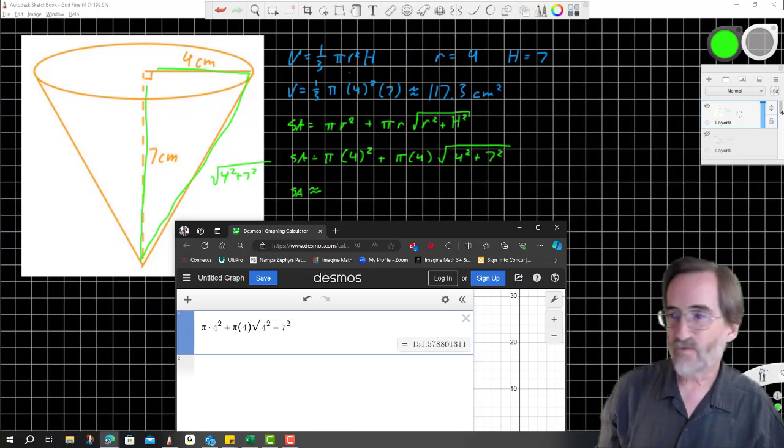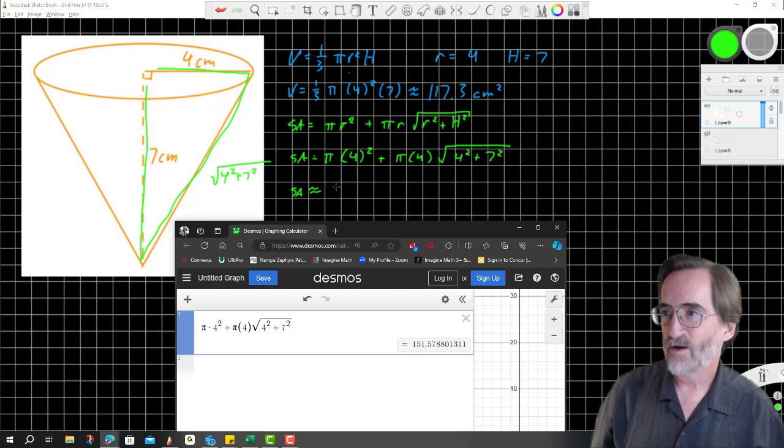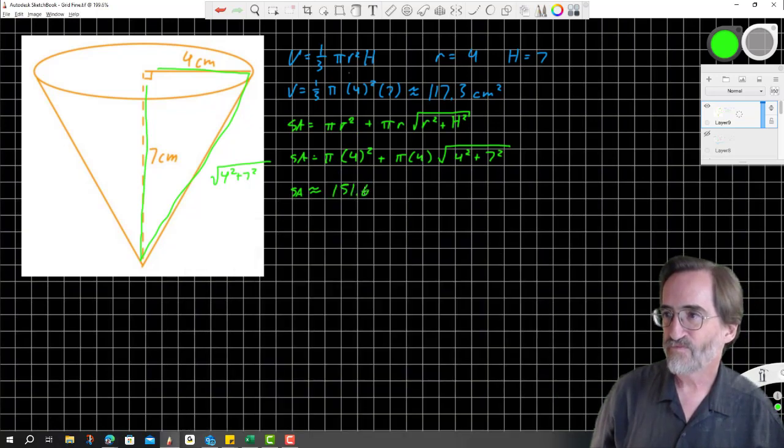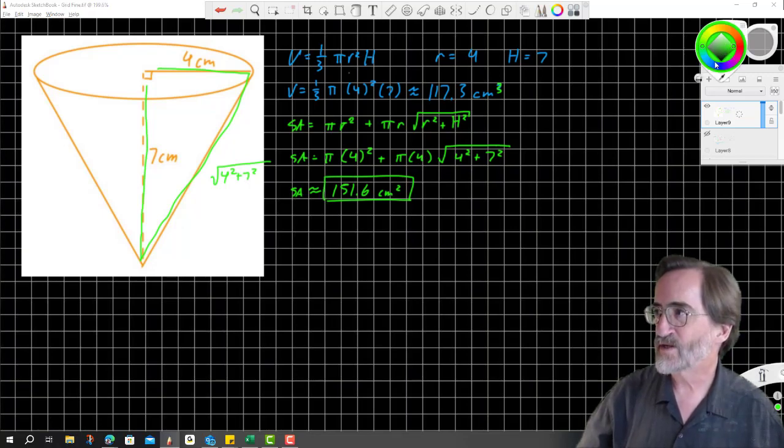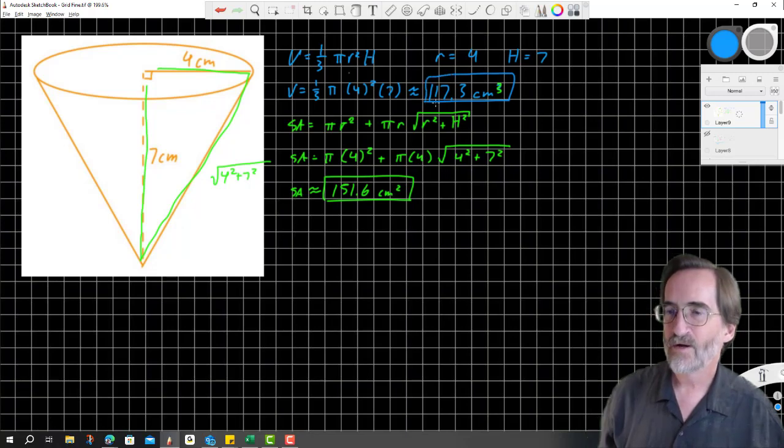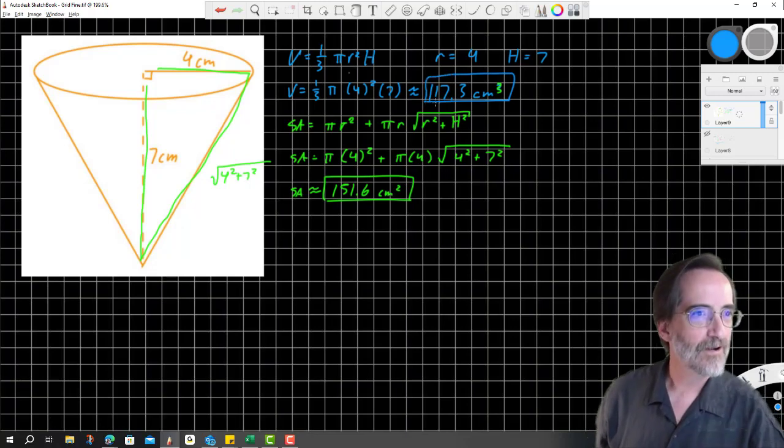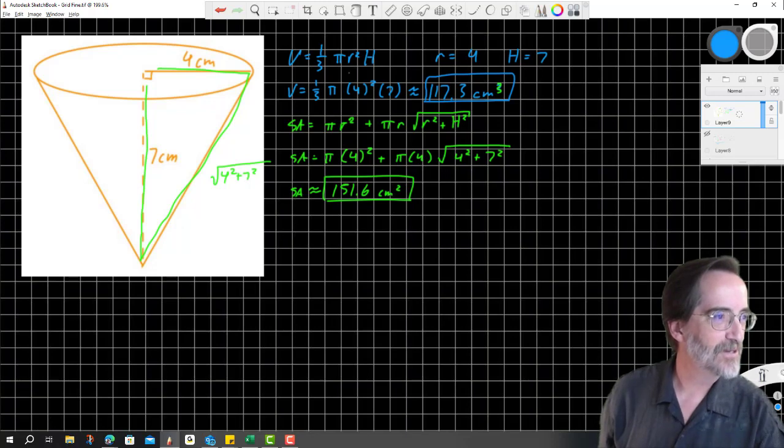And we have 151.6 square centimeters. The other one is cubic centimeters. So square centimeters for surface area, cubic centimeters for volume. Volume! All right. Yeah, sorry to frighten you there.